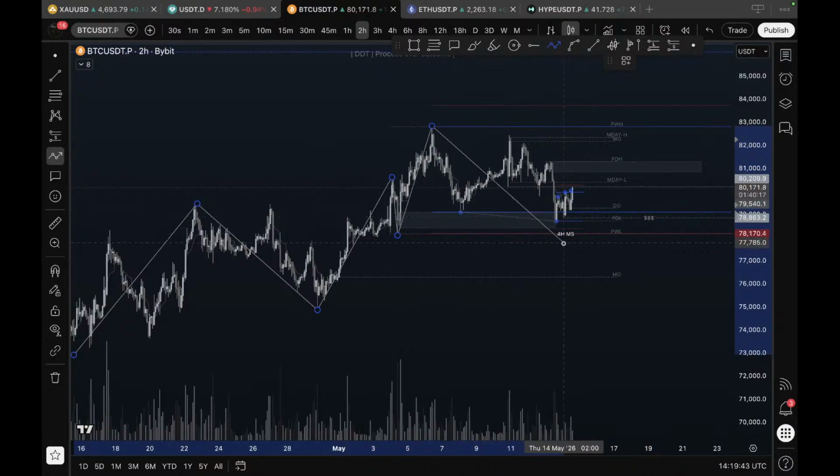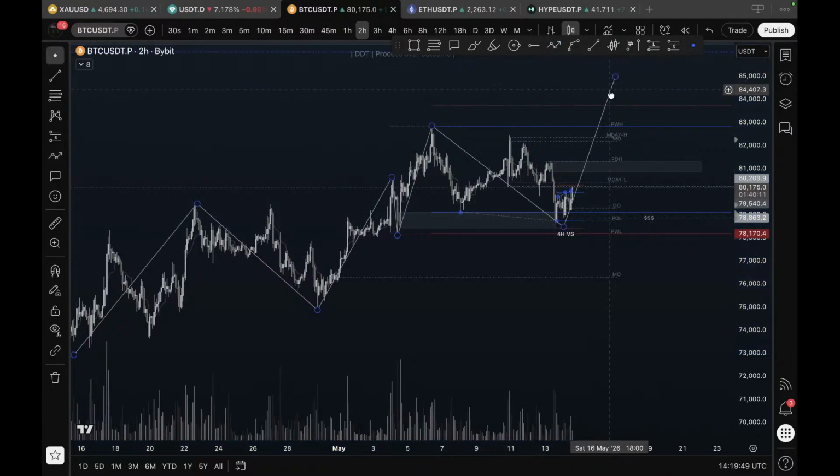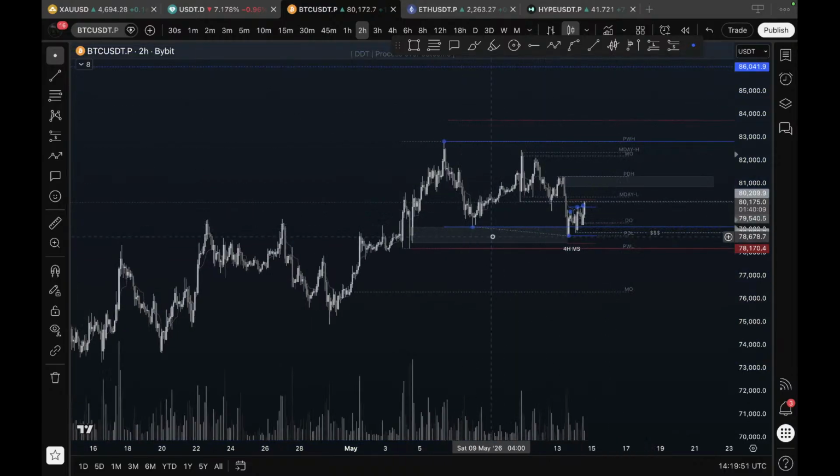So as long as that 4-hour does not break back to bearish, this can just be a reaccumulation range before going higher. And since we are taking the lows and leaving highs behind, it has more signs of reaccumulation than bearish behavior. To me, this does not look bearish.